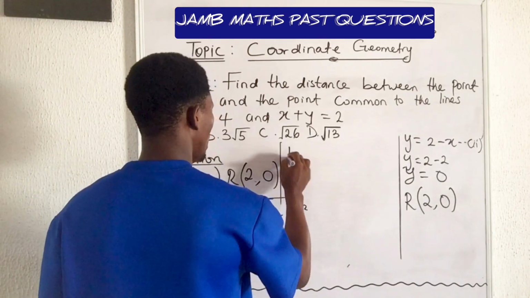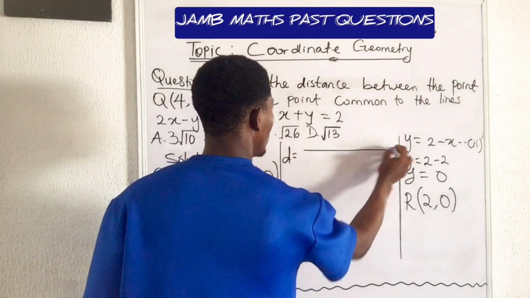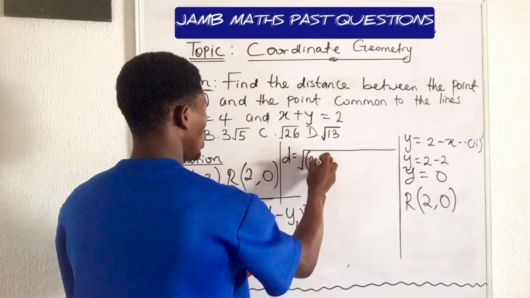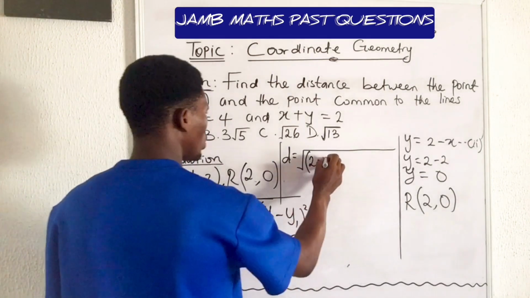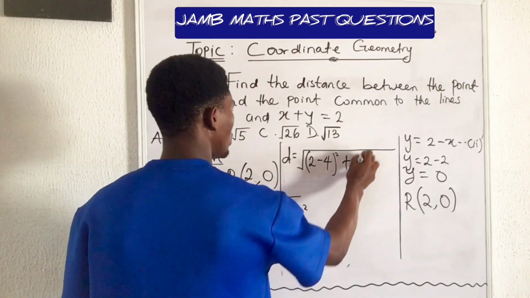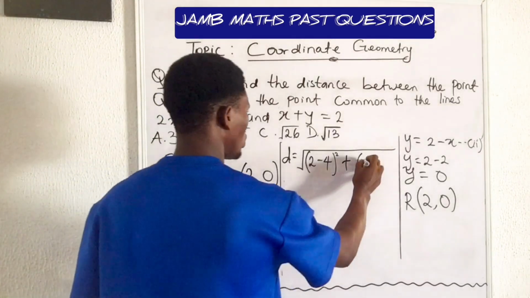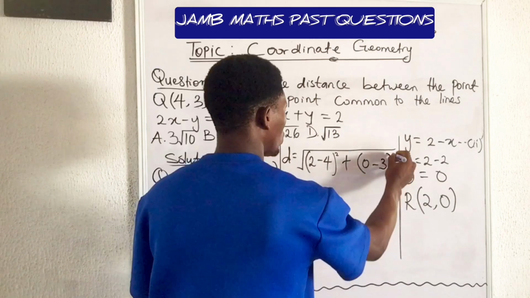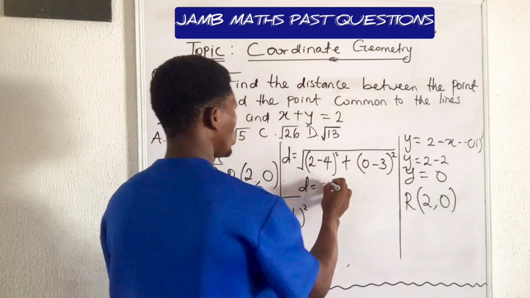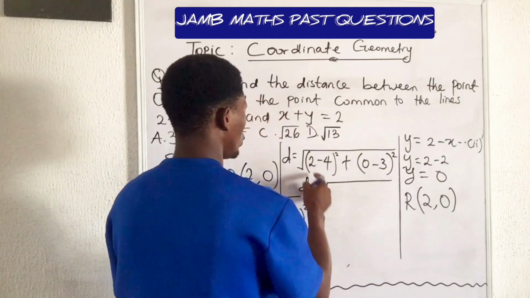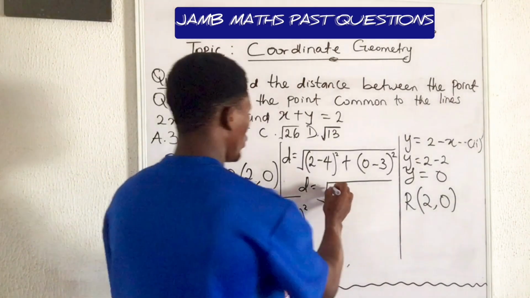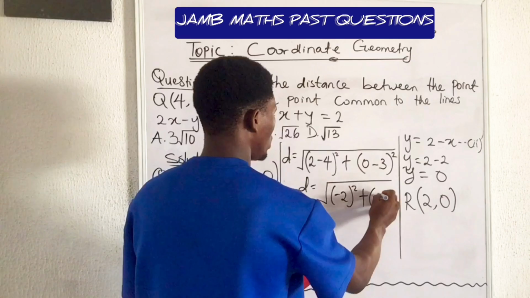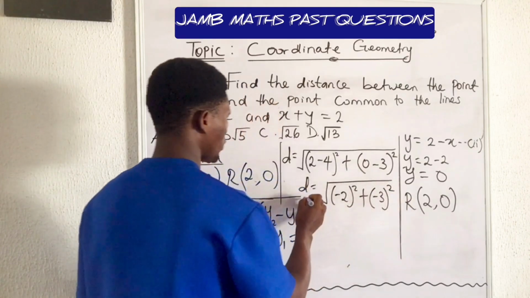Then we have that our distance is now the square root of (x2, which is 2, minus x1, which is 4) squared plus (y2, which is 0, minus y1, which is 3) squared. So our distance is equal to, we have 2 minus 4 is minus 2, so minus 2 squared plus 0 minus 3 is minus 3 squared.